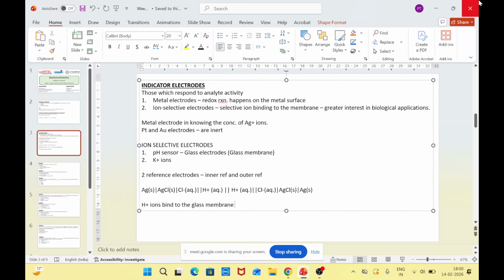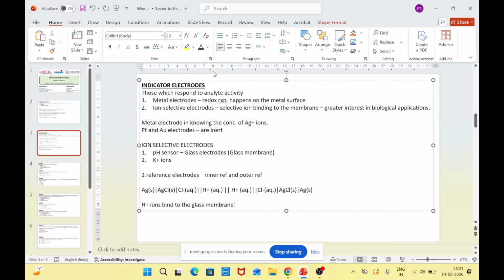By measuring the changes in the delta V using a voltmeter, we can measure the change in the concentration of the H plus ions, through which we will be able to determine the pH. So H plus ions bind to the glass membrane, and because of that a potential difference is generated.